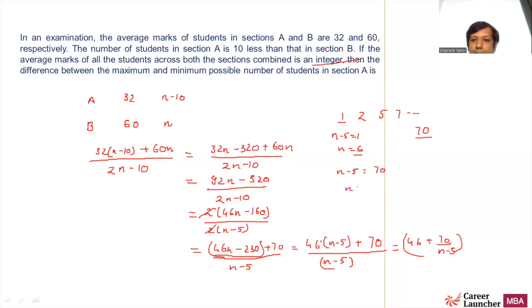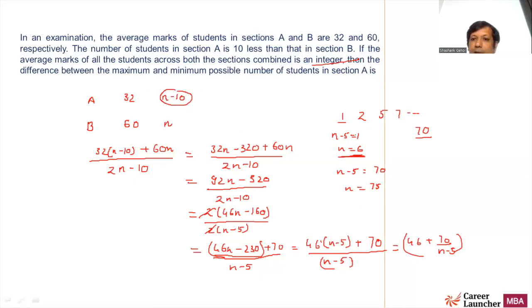Then I am going to get n is equal to 75. Now, this is fine, but there is a drawback in it because the question is saying A has n minus 10 people. So n should be greater than 10.